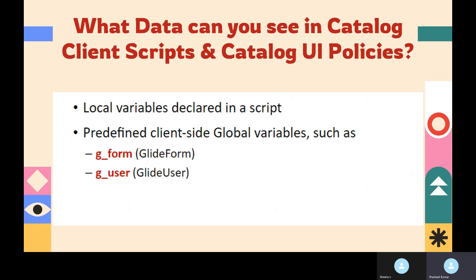We can create our script to control how we display things, or how we hide or validate on the catalog forms. And we are using client side global variables here again, g_form and g_user, that is GlideForm and GlideUser. This is common to most client side scripting.